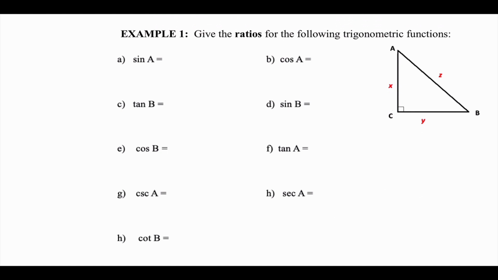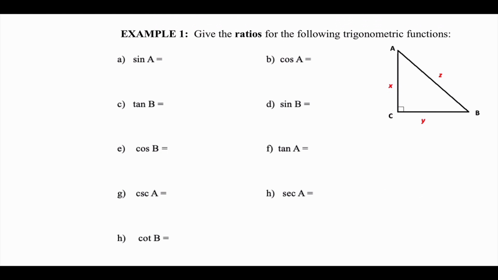It's also got 3 sides, X, Y, and Z. So angles are A, B, and C; sides are X, Y, and Z. It says give the ratios. Ratios is a fancy word for fraction. Give the fraction for the following trig functions.